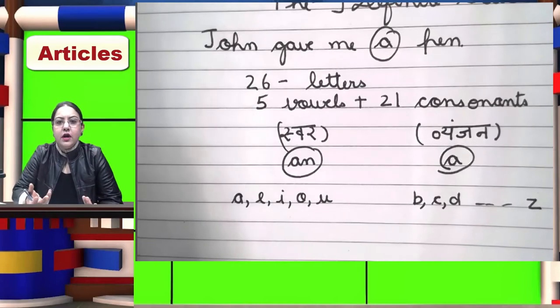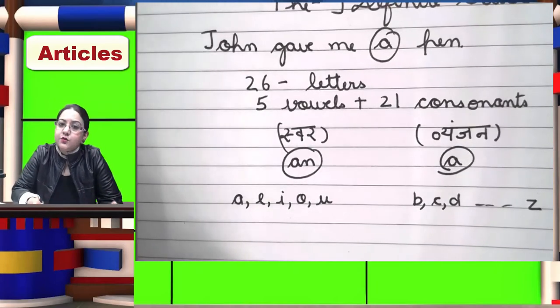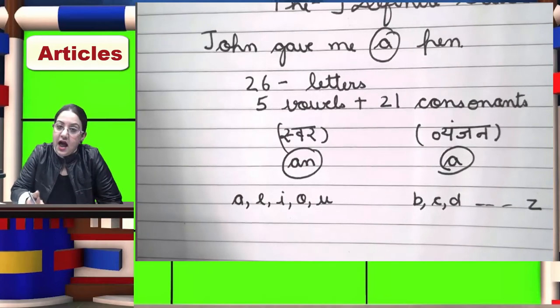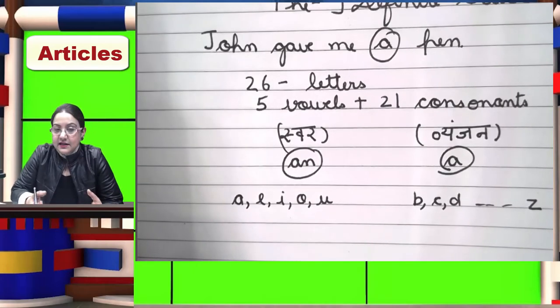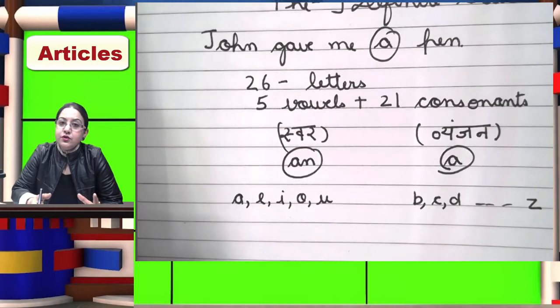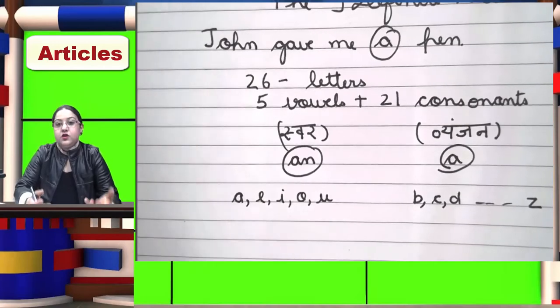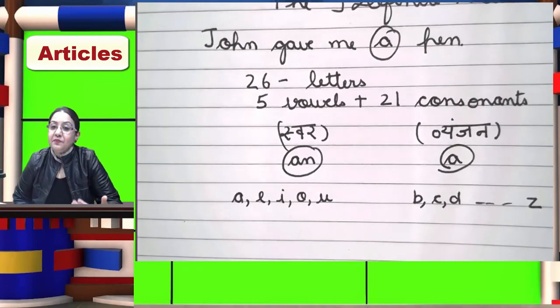Whenever our word starts with a consonant, like a bat, a cat, a desk, a can, a dog, I am going to use the article a.